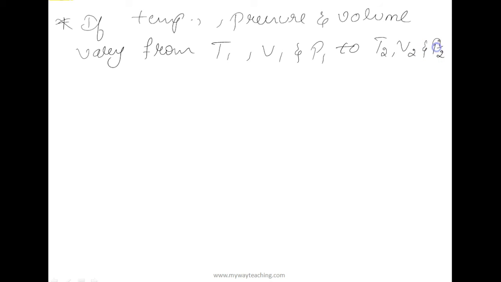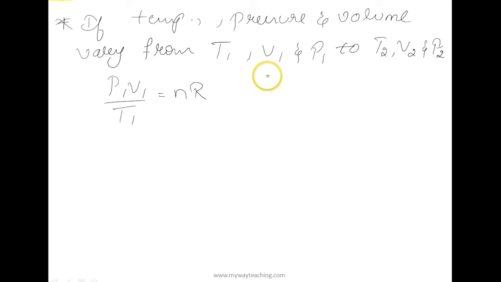If temperature, volume and pressure of a fixed amount of gas vary from T1, V1 and P1 to T2, V2 and P2, we can write this as P1 V1 by T1 is equal to nR.